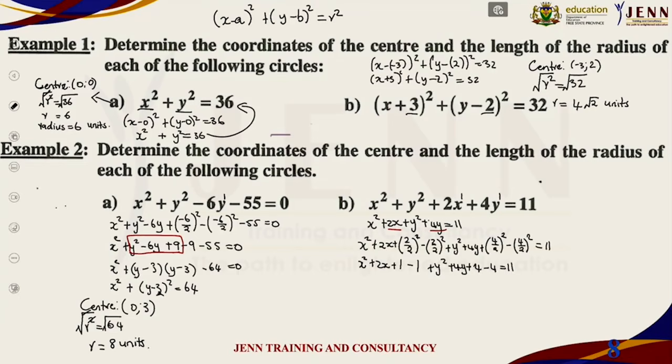So the first 3 terms of x are x squared plus 2x plus 1. Then we come to y. We are going to have y squared plus 4y plus 4.